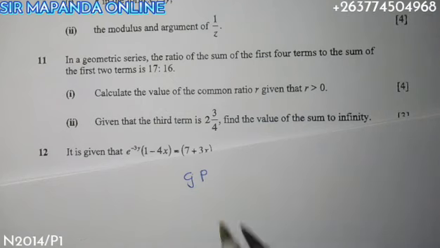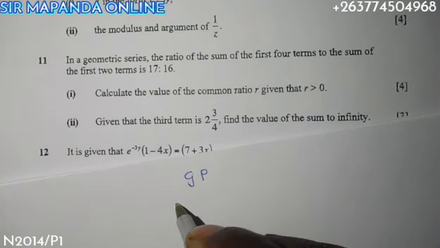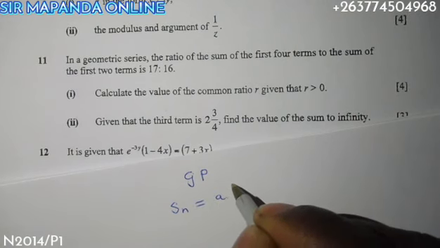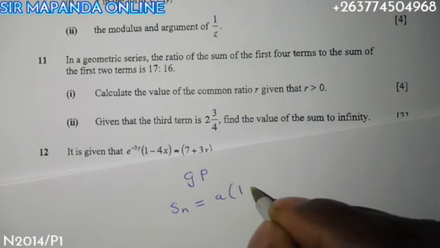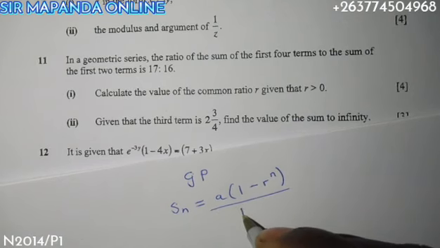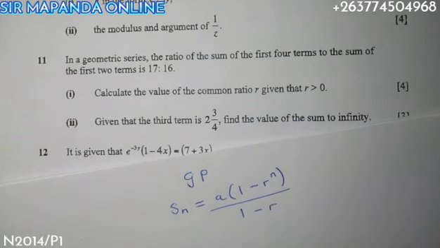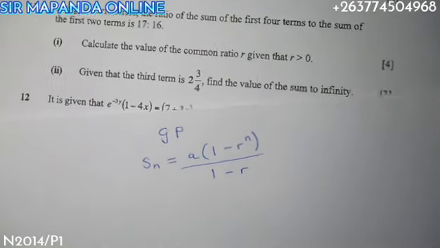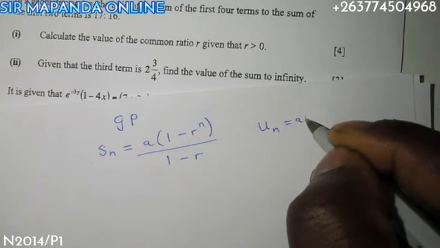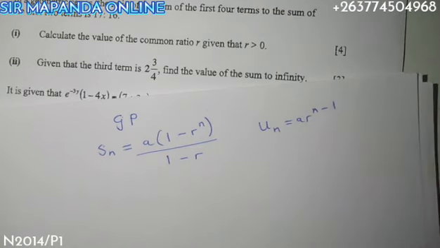To find the sum of a GP, we make use of the Sn formula, which is a, open bracket, 1 minus r to the power of n, divided by 1 minus r. This is the formula. Then to find the terms, we make use of ar to the power of n minus 1.